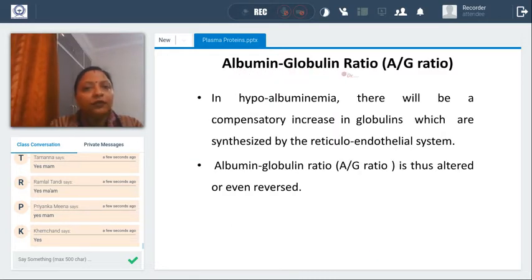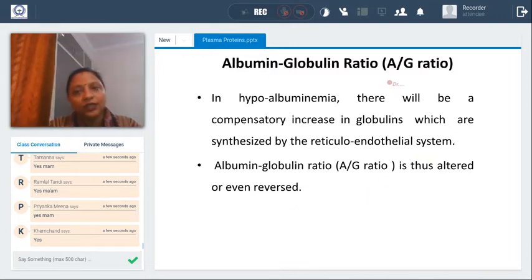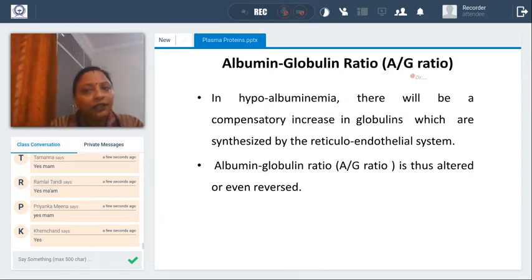This albumin globulin ratio. What is this AG ratio? In hypoalbuminemia, there will be a compensatory increase in globulins, which are synthesized by the reticuloendothelial system, that is the RE system. The AG ratio is thus altered or even reversed. So what is this AG ratio? A upon G. In the case of hypoalbuminemia, A is decreased and G will be increased.